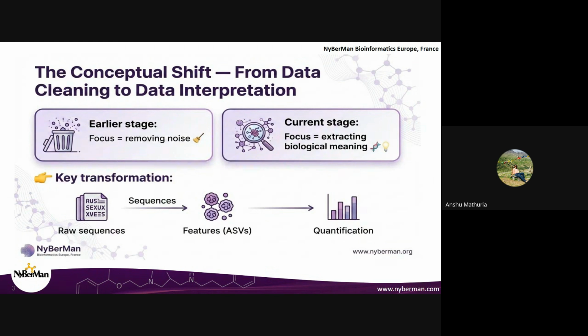Initially we had the raw sequence reads, then we converted them into ASVs. Those ASVs were generated by the step that is denoising. After denoising, we got a particular ASV for each sequence, and now these ASVs will be taken forward and quantified, and biological information will be derived from these sequences.